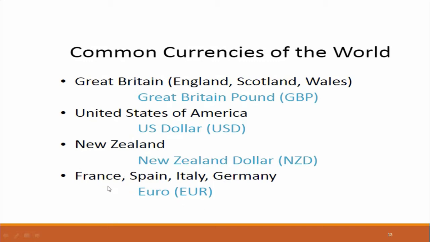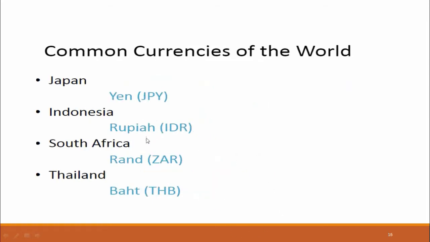For France, Spain, Italy, and Germany, the common currency is the euro. The currency for Japan is the yen, Indonesia the rupiah, South Africa the rand, and Thailand the baht.